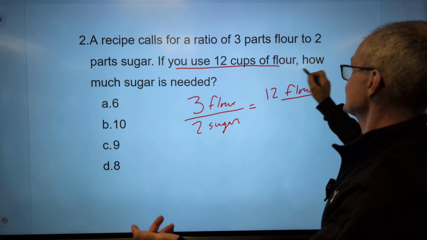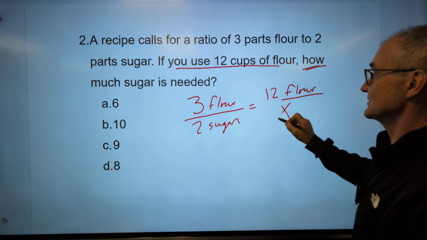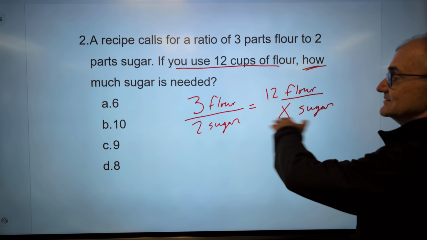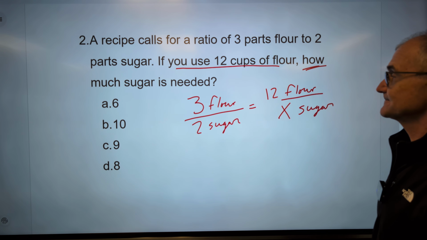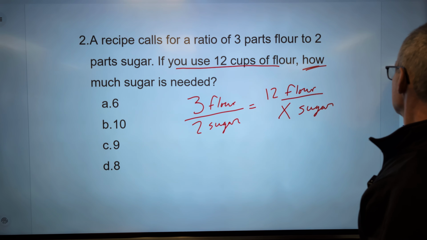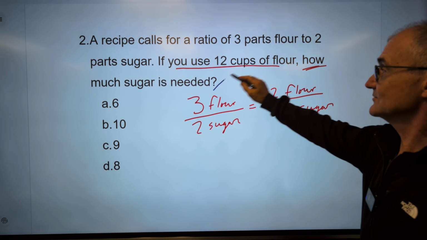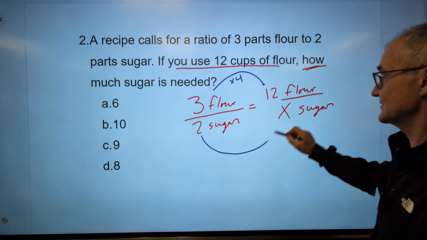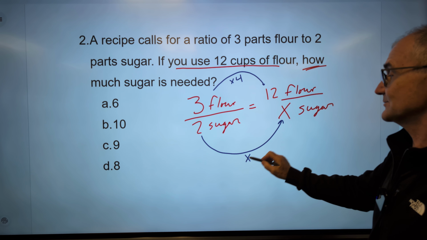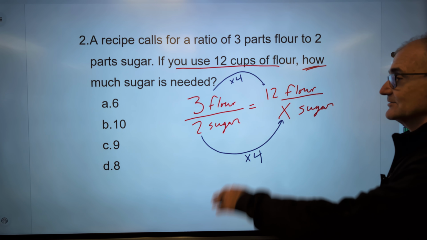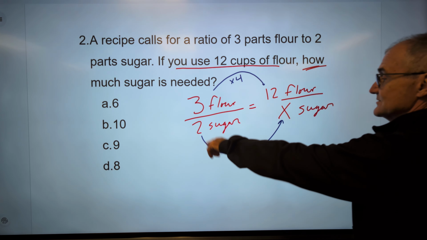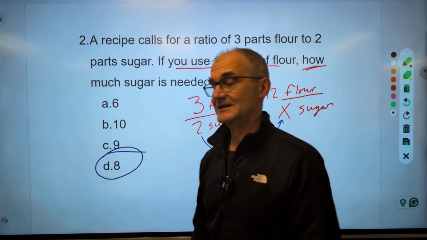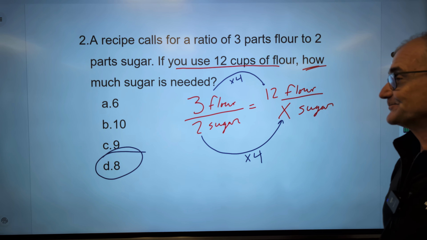That's asking the question, so sugar has to go down. How much is saying X. Well, how do I go from 3 to 12? I multiply by 4. How do I go from 2 to here? I multiply by 4. Correct answer is 2 times 4, 8 cups of sugar. Correct answer, answer D right there.